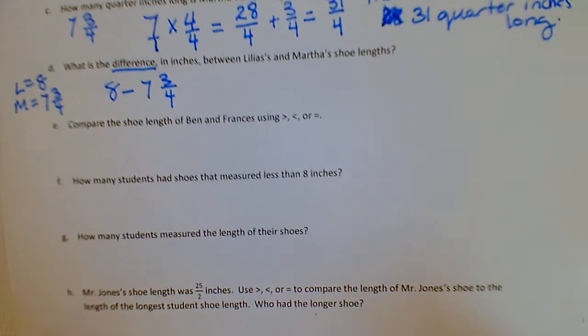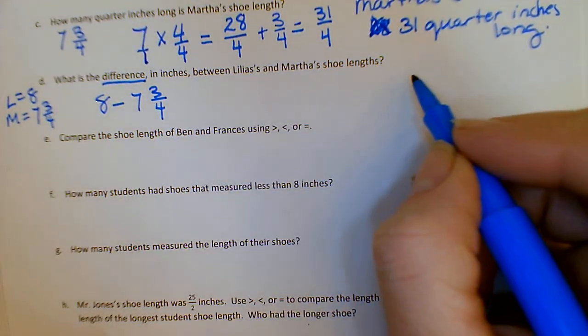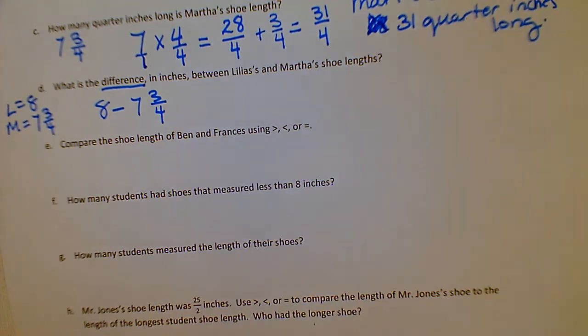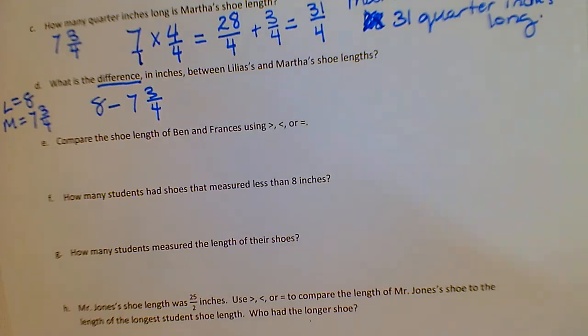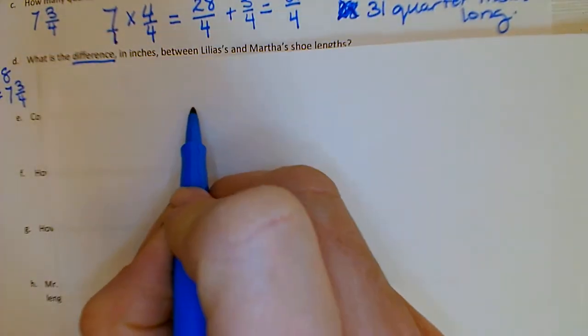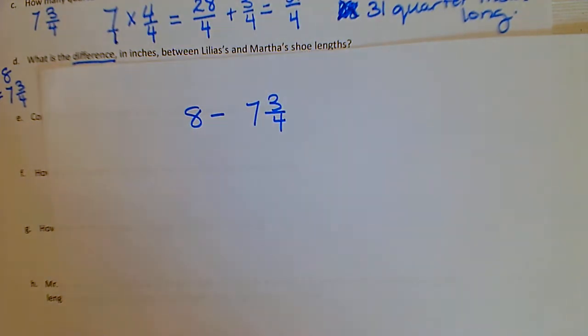But remember what we were doing before. Actually, I'm going to work on a separate piece of paper for this one. Sorry for all the noise. So if I want to subtract 8 minus 7 3/4, let's remember how we did this.